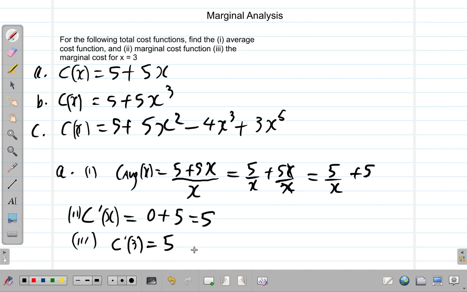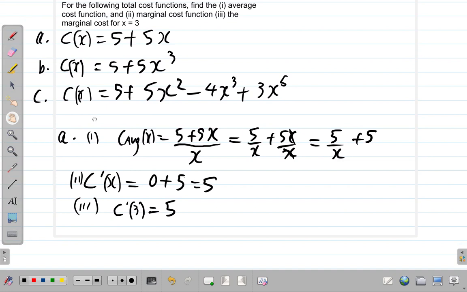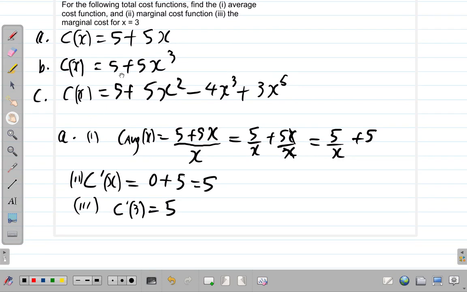Now, we looked at this marginal cost using the derivative. Remember, the marginal cost is what the cost would be if an additional product was manufactured.